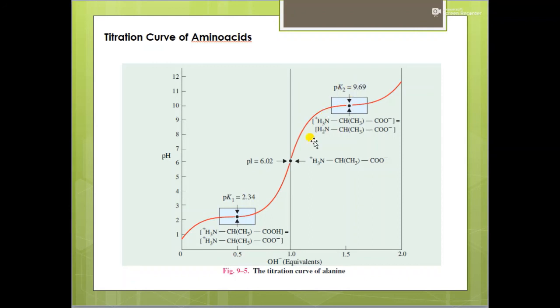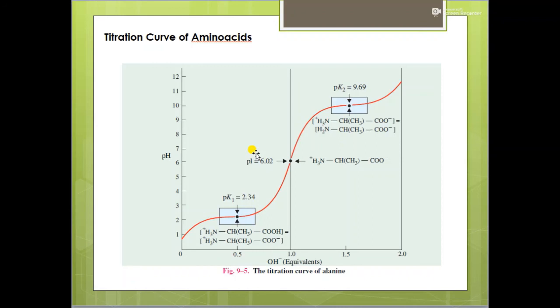But in between these two, there is a point at which the amino acid is electrically neutral, because as the pH is increased, the amino acid occurs only in this particular form at this pH. This point, at which it occurs as an electrically neutral species, is considered the isoelectric point.